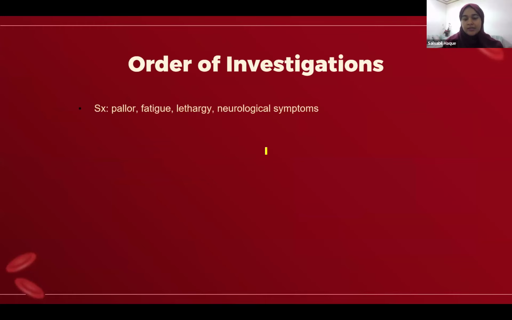So what are some things that they might have? Diet, yes, a vegan diet is associated with B12 deficiency. Anything else? So ileal resection is also associated with B12 deficiency, yes, as you mentioned.